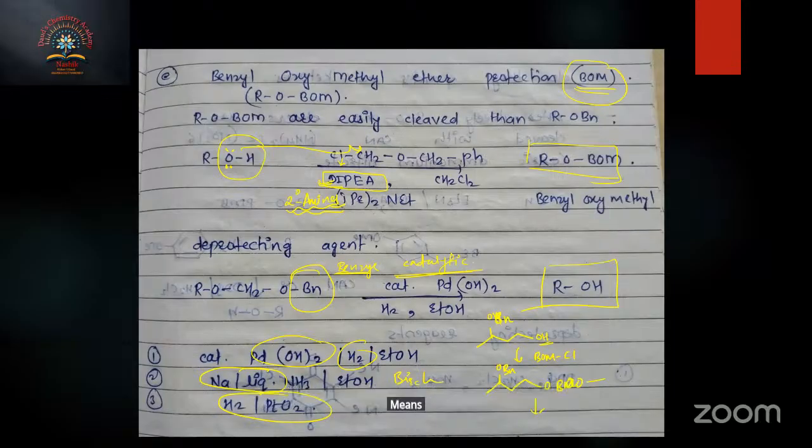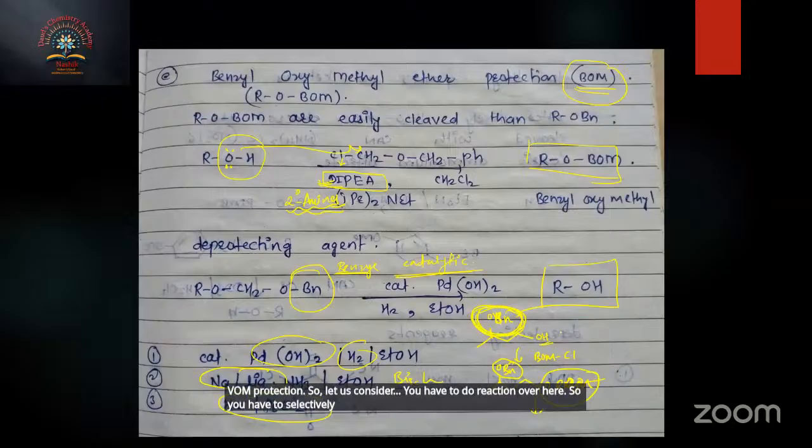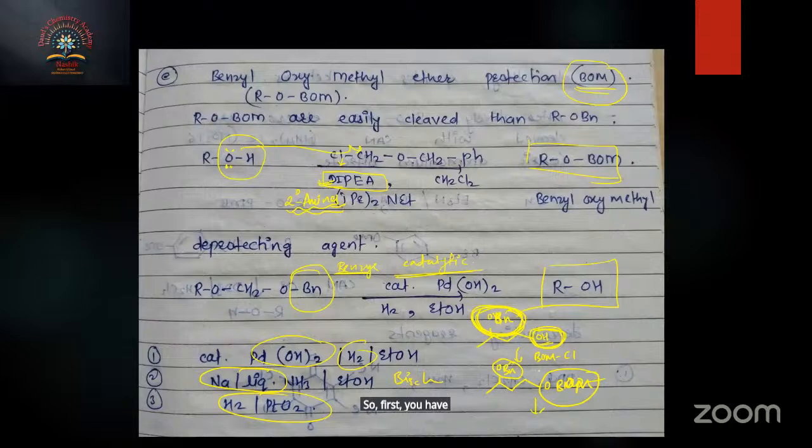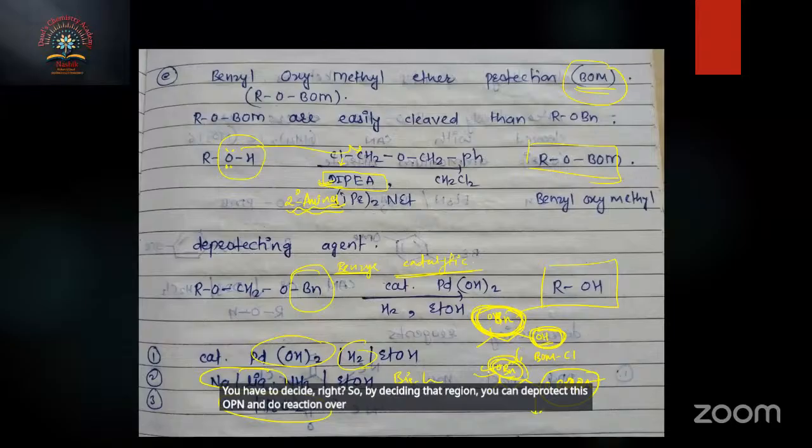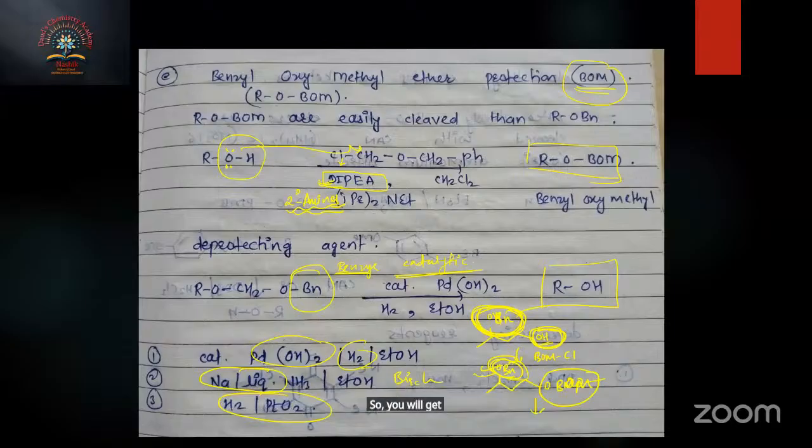Means, sorry, your benzyl protection as well as BOM protection. So let us consider you have to do a reaction over here. So you have to selectively deprotect this one. So first you have to protect the OH group, right? And then deprotect this benzyl group. So which reagent can you use over here? You have to decide, right? So by deciding that reagent, you can deprotect this OBn and do the reaction over here. So you will get your required product and you will have better yield for your reaction.